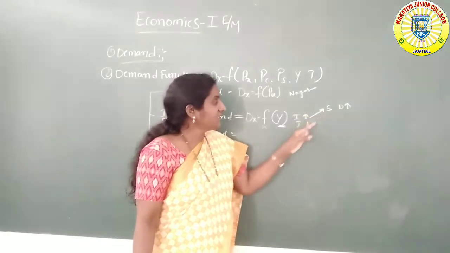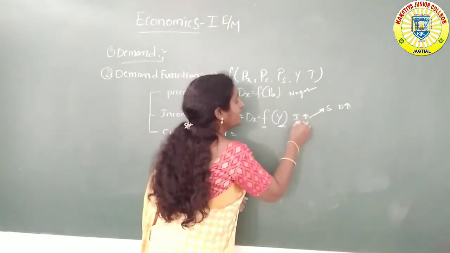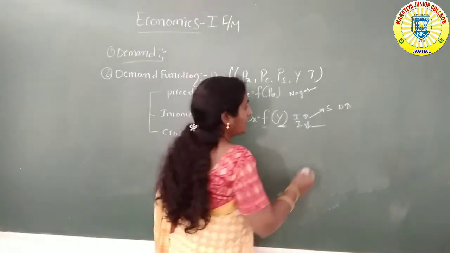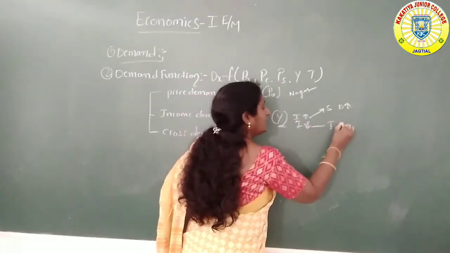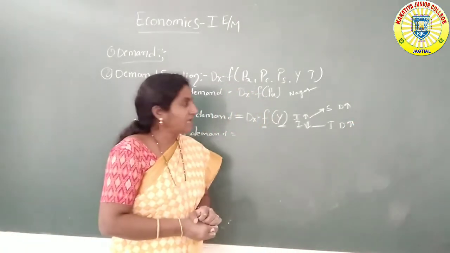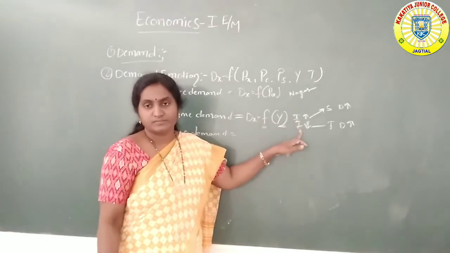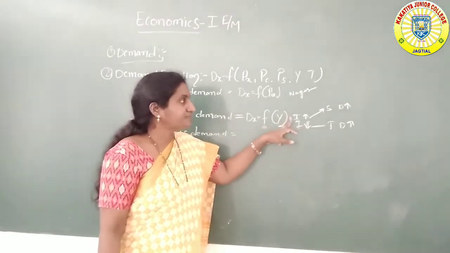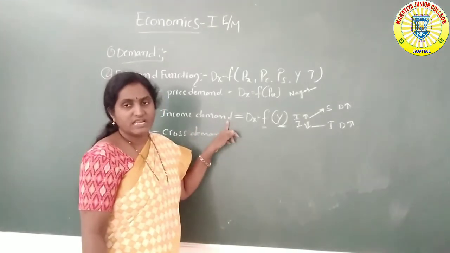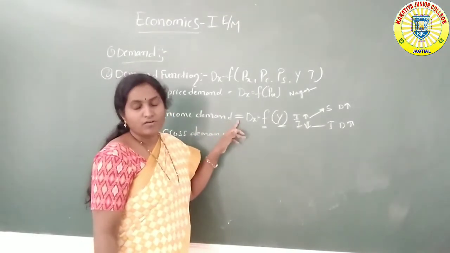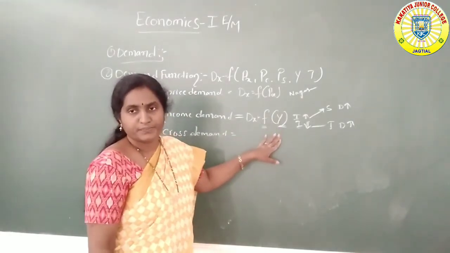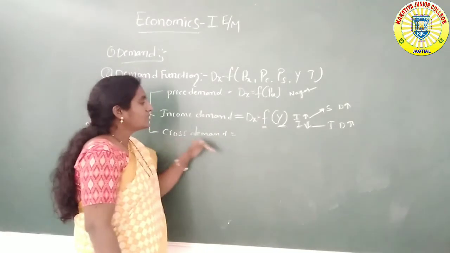But with low income, when the consumer's income declines, he prefers to buy inferior goods. Why? Because he has less income. So income demand refers to the functional relationship between the quantity demanded and the income of the consumer. Okay, right. Next, cross demand.